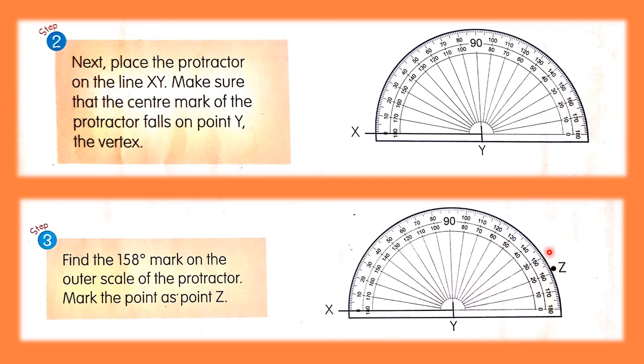That means after counting to 150, you have to take 8 small parts and mark that Z point. I have taken this angle as angle XYZ, so you mark the Z point after counting those 8 small parts from 150.